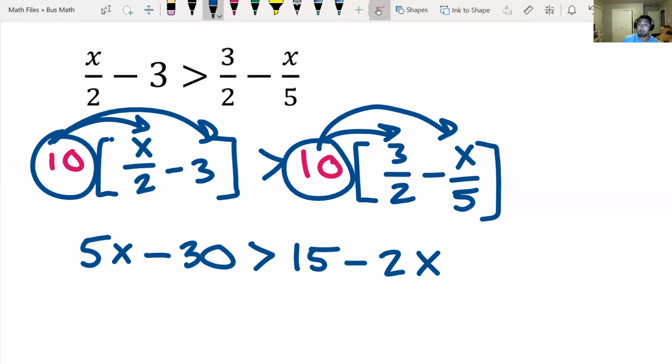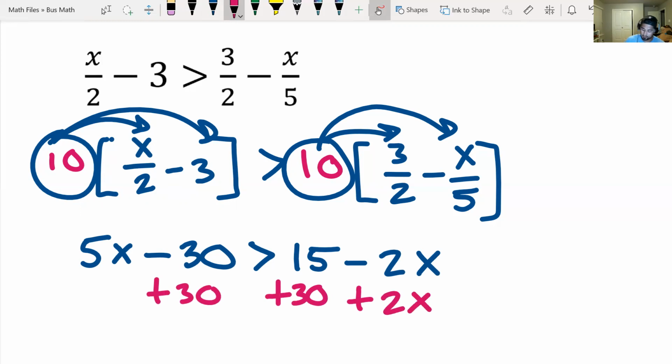Okay. Now time to move things left and right. I'll put my x on the left, and I'll put my constant, my number, on the right side. All right, so I'll say plus 30, plus 30. And in the same move, I'll say plus 2x, plus 2x.